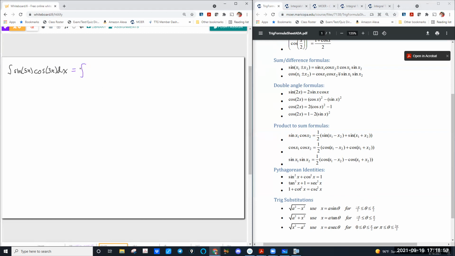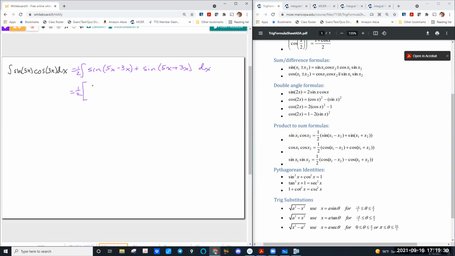It is 1/2. I'm just going to go ahead and pull the 1/2 out of the integral. We'll deal with the constant later. Sine of x1 minus x2, so sine of 5x minus 3x. It gets a plus for this particular formula, and then sine of 5x plus 3x. So 1/2.